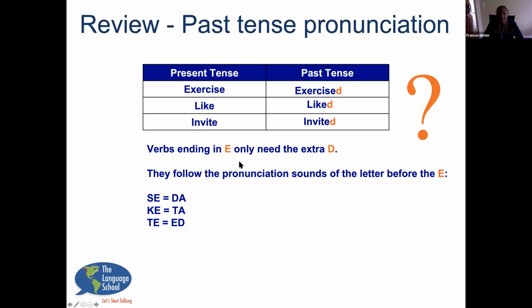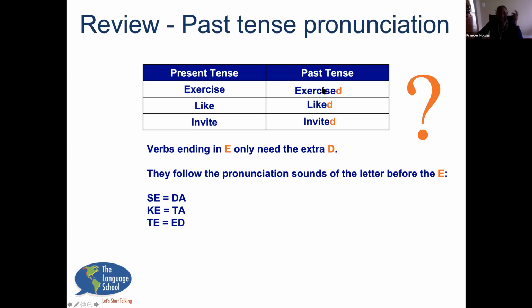Okay, so as I just said, if a verb ends in E, you only need to add the extra D, okay? And they follow the same pronunciation sound of the letter that comes before the D. Sorry, before the E. So in the case of exercise, for example, the last sound is an S sound.